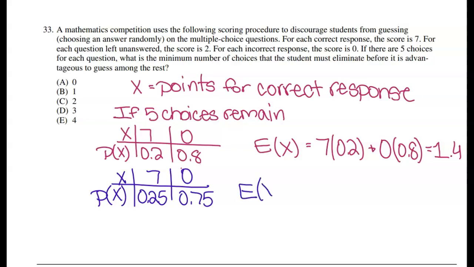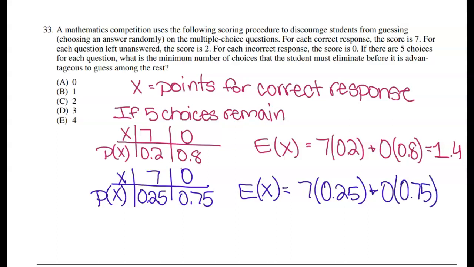So if we find the expected value on this one, we're going to take 7 times 0.25 plus 0 times 0.75, which we know is just 0. That gives us 1.75.